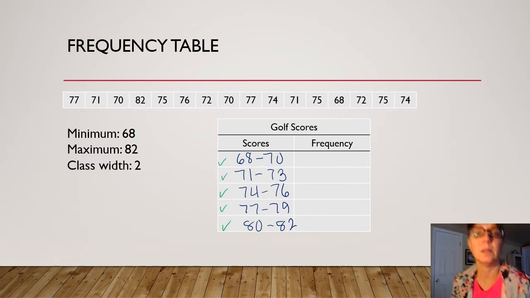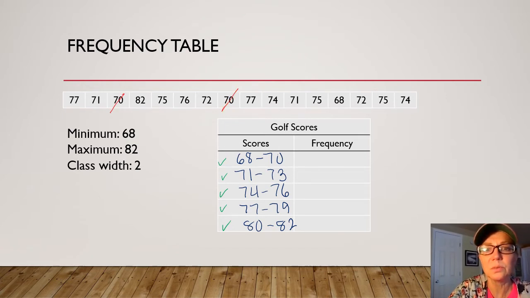All right. So between 68 and 70, I'm going to cross these off as I go. So let's see. 1, 2, 3. So I have 3 scores in that little range. 71 to 73.